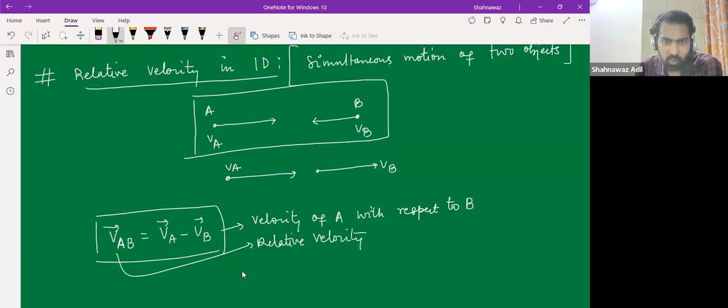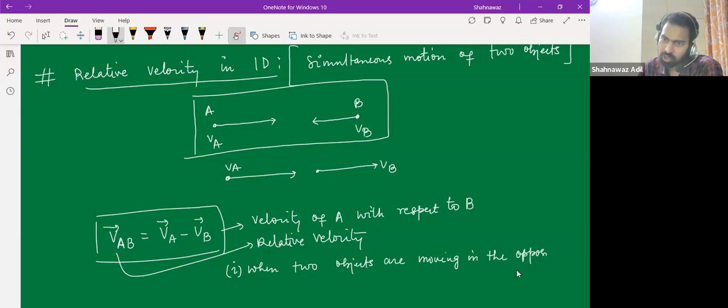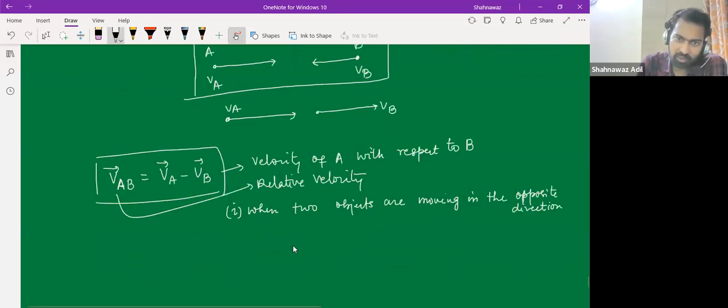Okay. So there are two cases. When two objects are moving in the opposite direction, right, I will only write the magnitude.